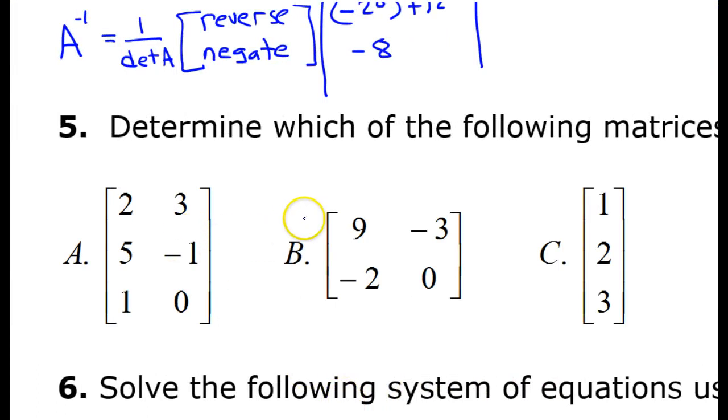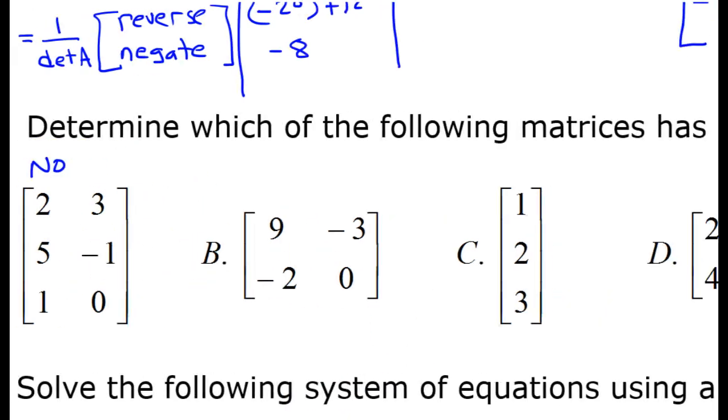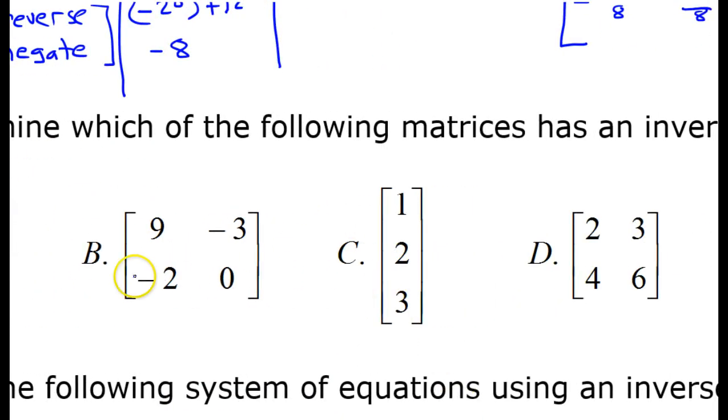By square matrix, I mean 2 by 2, 3 by 3, things like that. So is A going to have an inverse? Definitely not, because it's not square. I'll come back to B because it possibly might have an inverse. C is clearly a no immediately because it's not square.